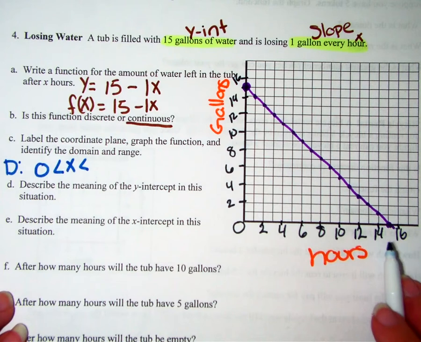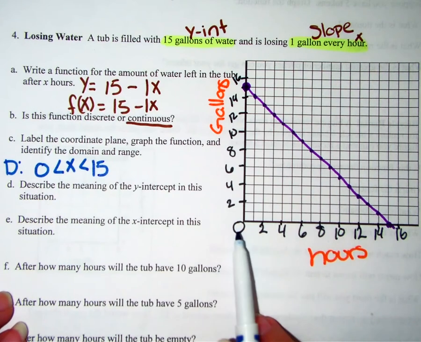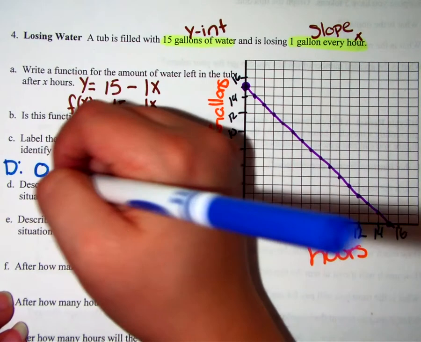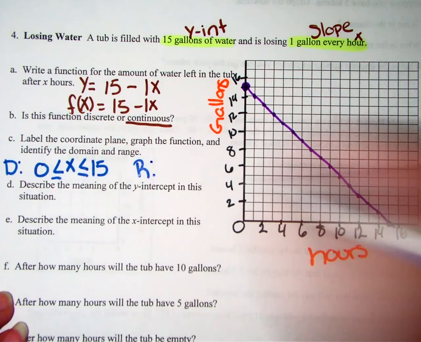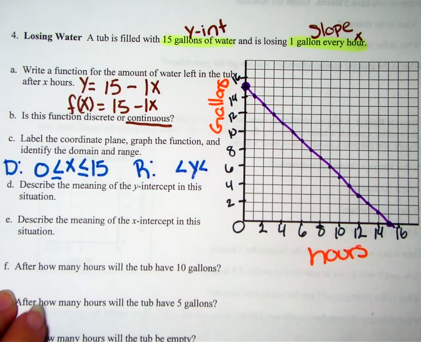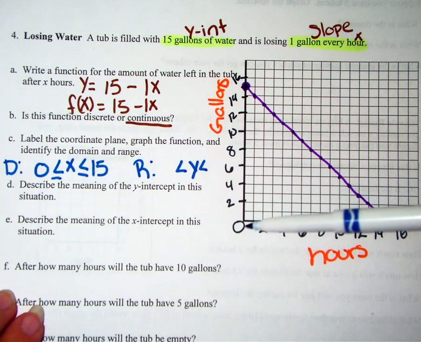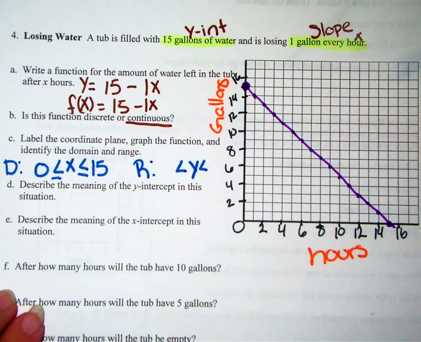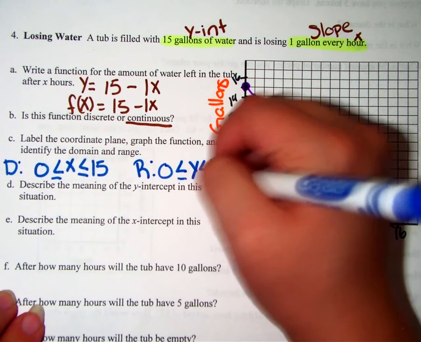Double check it. 15. And it's okay to have both of those, so we're going to underline. Where our range talks about the y. So I'll have my inequalities. How far down does it go? And all the way up to 15. And I'll underline those as well.